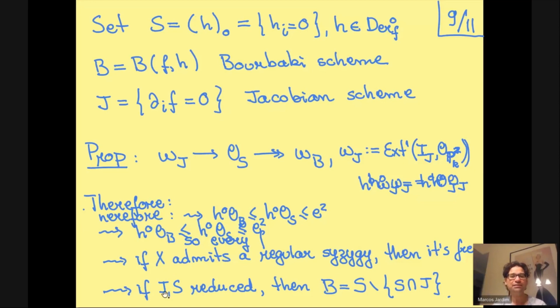And when both the Jacobian scheme and the scheme of zeros for S are reduced, so just a bunch of isolated points, then the Bourbaki scheme is precisely this difference. These are all the zeros of the syzygy that do not lie on the curve. That's my last formula here.